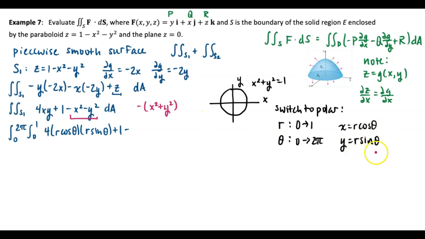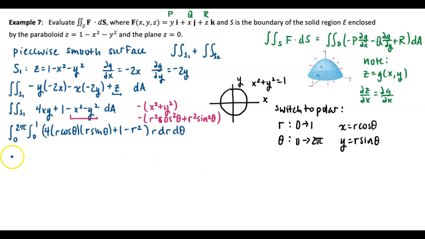And if I substitute, this is going to be r squared cosine of theta squared plus r squared sine of theta squared. And if I factor out a negative r squared, then I can just call that negative r squared times 1. All right, and so this is just going to leave me with a negative r squared. I'm multiplying everything by r dr d theta.